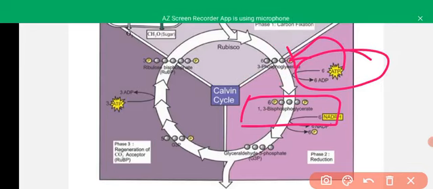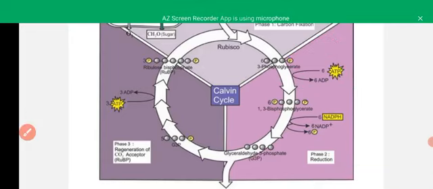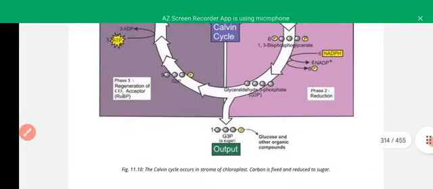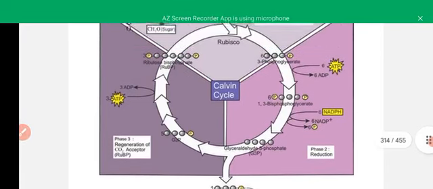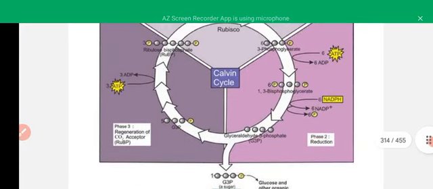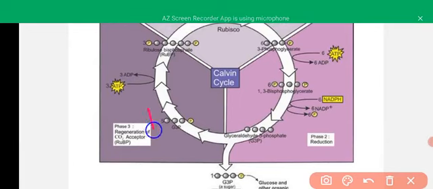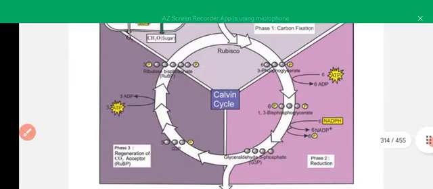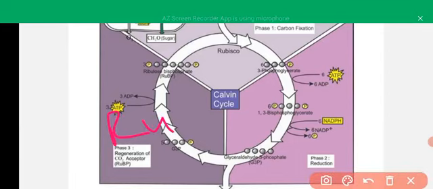We have 6 molecules of glyceraldehyde 3-phosphate, and only one leaves the cycle to form various sugars like glucose and other organic sugars. Then 5 glyceraldehyde 3-phosphates are recycled in the cycle, and ATP is used. Then they are converted into ribulose phosphate.